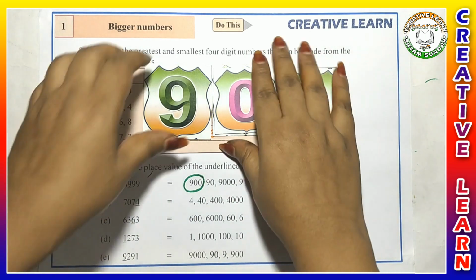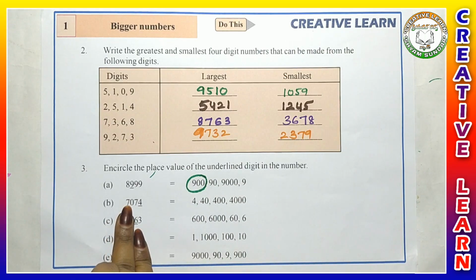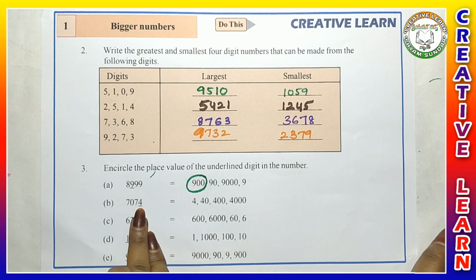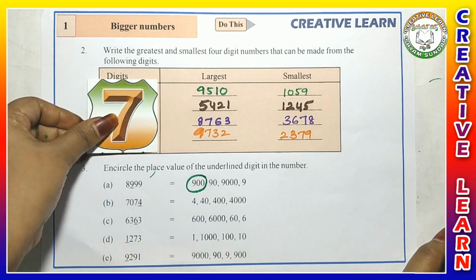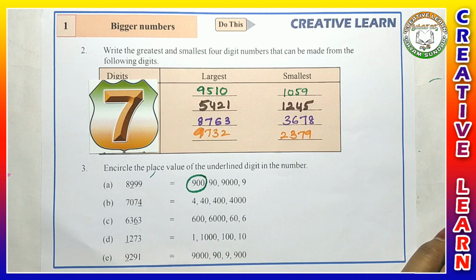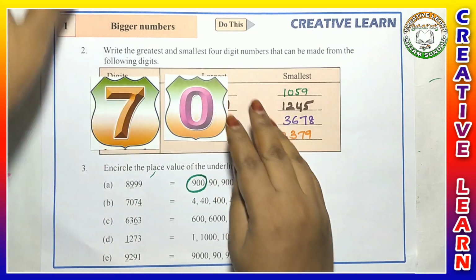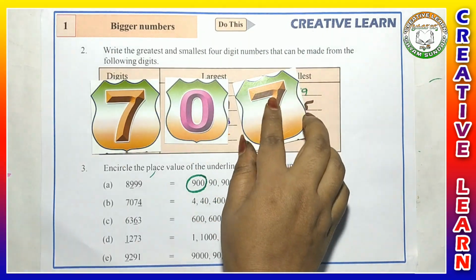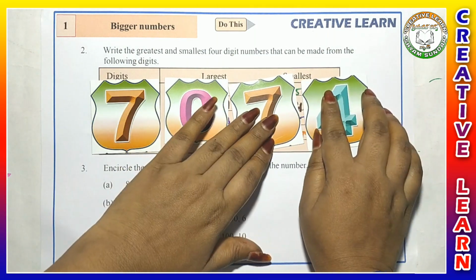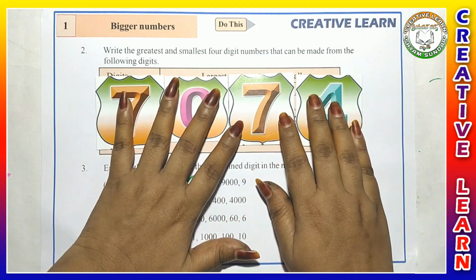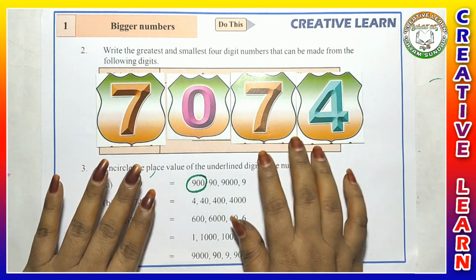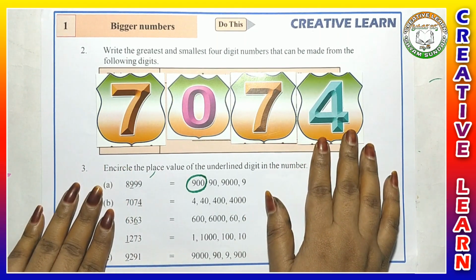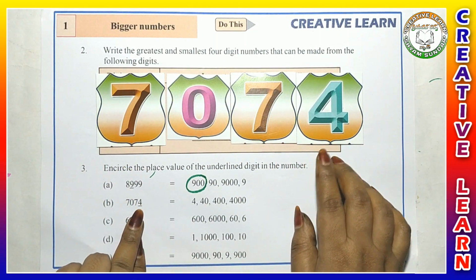Next, the second number, 7074. Here the underlined digit is 4.